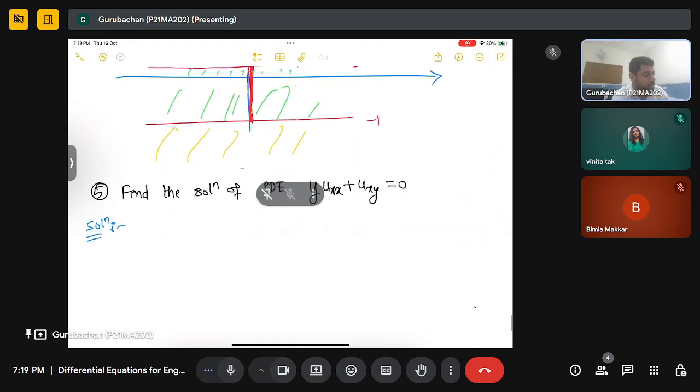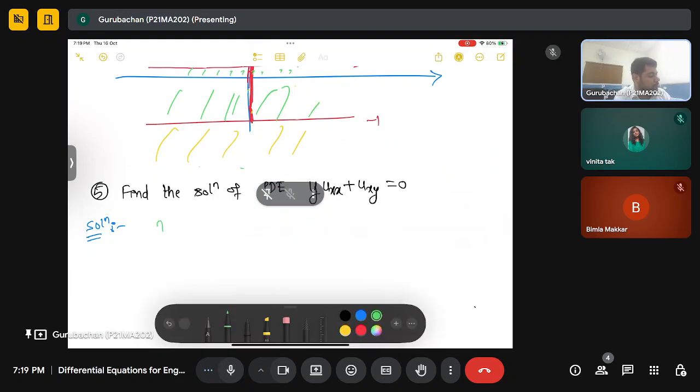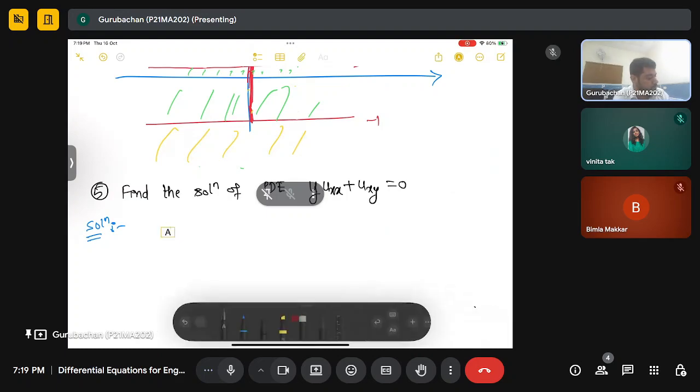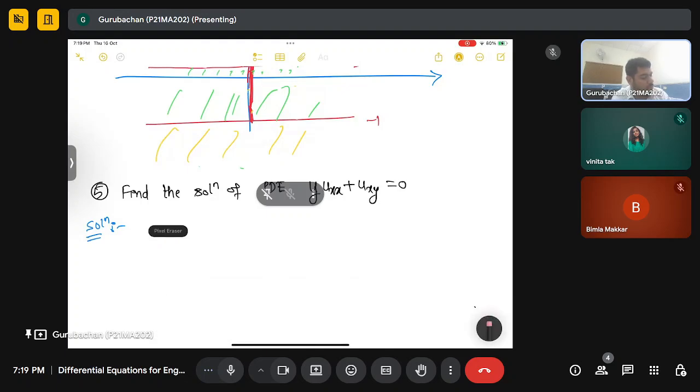So here the value of A is y, the value of B is 1, and the value of C is 0.